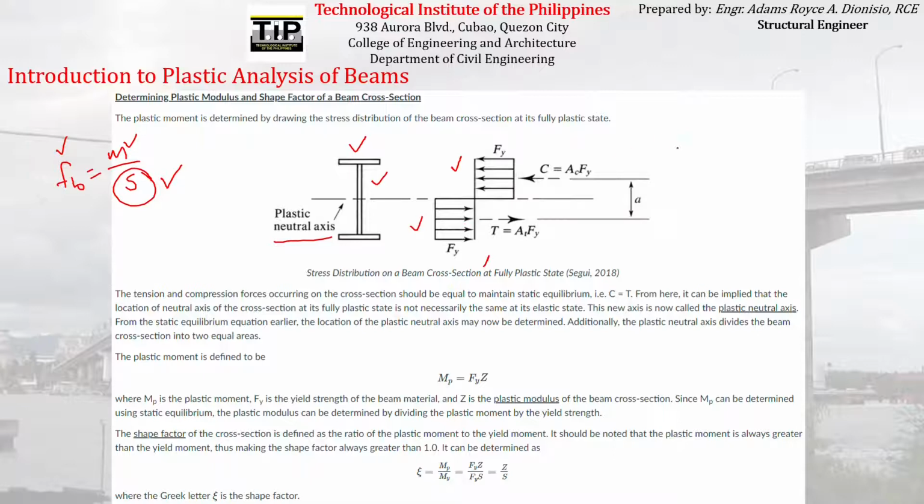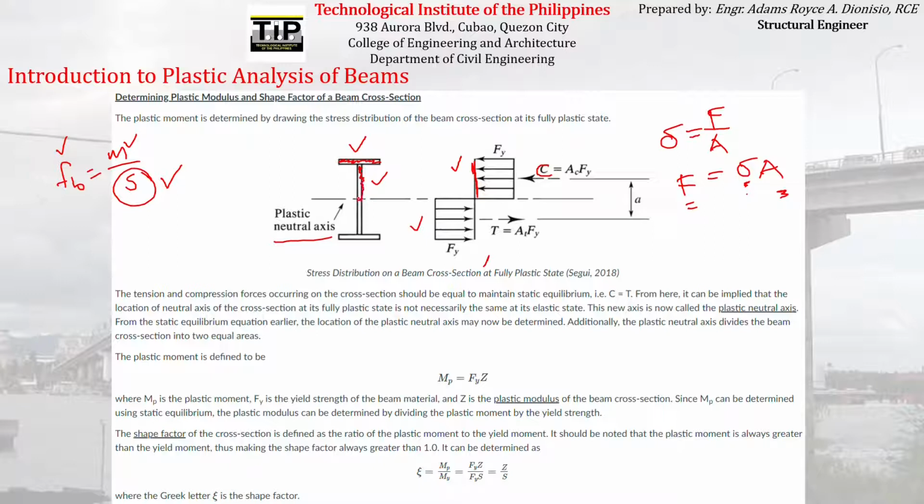And then going back from mechanics of deformable bodies, since we know that normal stress is just equal to force over area, or simply force is equal to stress times area. So kung gusto natin kunin yung total force coming from these stresses being experienced by the cross section of the steel beam, which is the resultant, tawagin natin na C. All we need to do is multiply the stresses sa cross-sectional area on that particular region lang, kasi diyan lang naman nag-a-act yung compressive stresses.